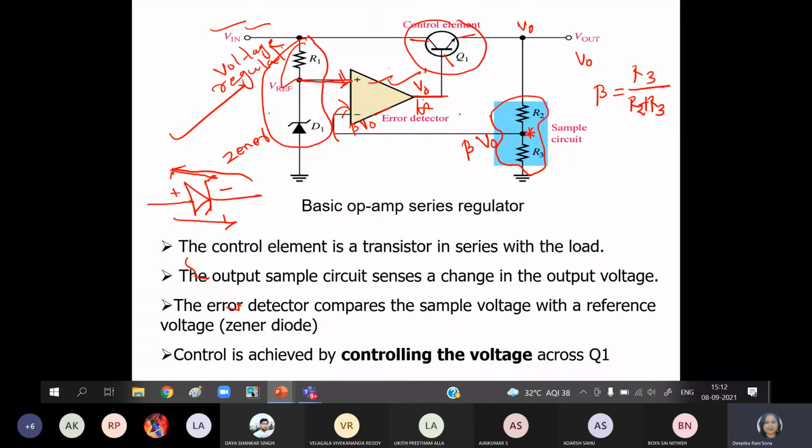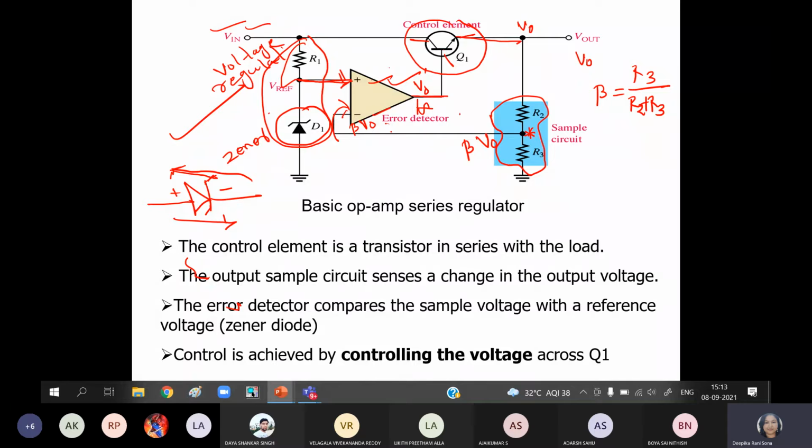Whatever be the change in this V0 dash, it will always give rise to this V0, because we are using the Zener voltage as the reference voltage, because it will withstand in the reverse bias voltage also. It will balance the circuit. Even though there is any error, it will just balance the circuit.